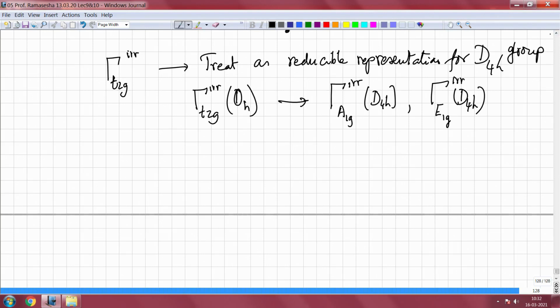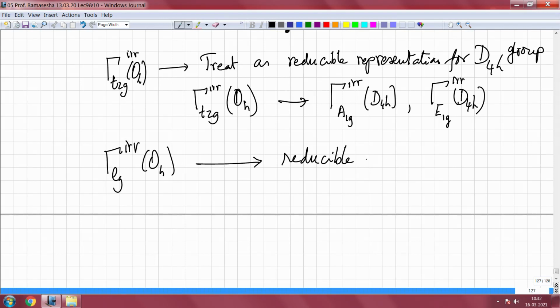So, gamma, this is for the octahedral group. Similarly, gamma irreducible for the Eg octahedral can be treated as reducible under D4h. So, that is how you split it.